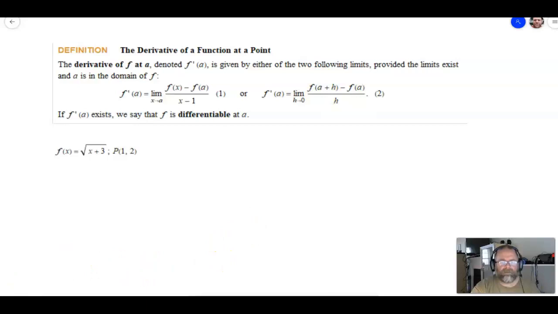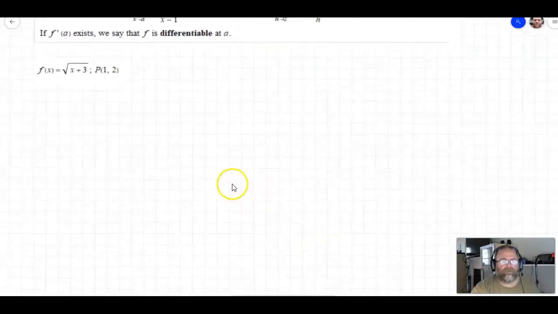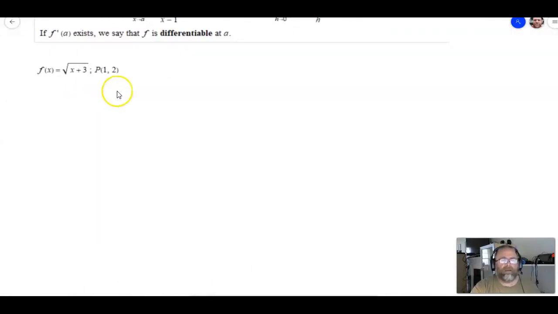All right, so for this one, I'm going to need a little bit more room here. And once again, we're going to start off with the limit as h approaches 0 of f of a plus h. So what does that mean? It means we go to our function here and we replace x with a plus h.